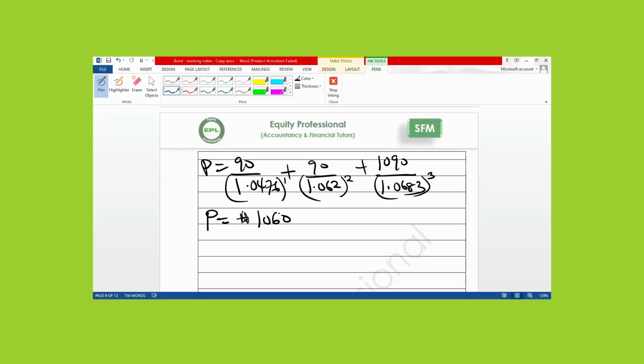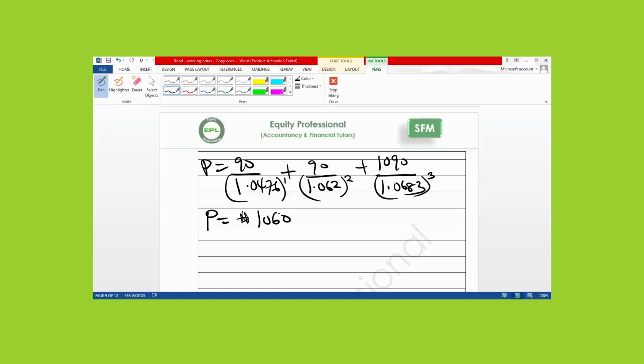Please reconfirm your answer. 90 divided by 1.0476, plus 90 divided by 1.062 raised to power 2, plus 1090 divided by 1.0683 raised to power 3, is approximately 1,060.